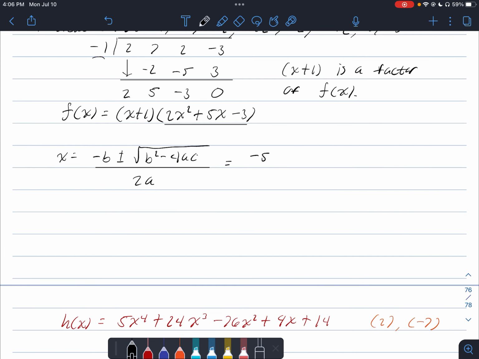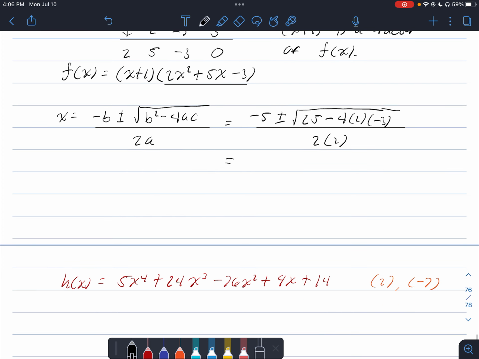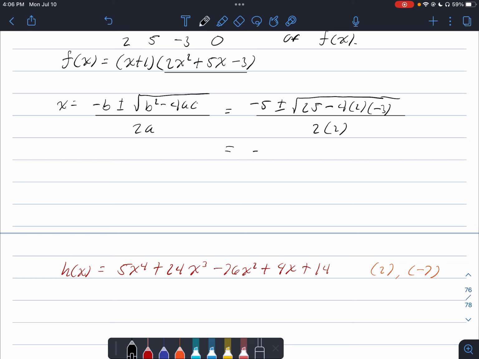So we'll have negative 5 plus or minus the square root of b squared, or in this case, 25 minus 4 times a, which is 2, times c, which is negative 3. And this is all going to be over 2 times a. Okay, so we'll have negative 5 plus or minus the square root of 25 minus 4 times 2 times negative 3.